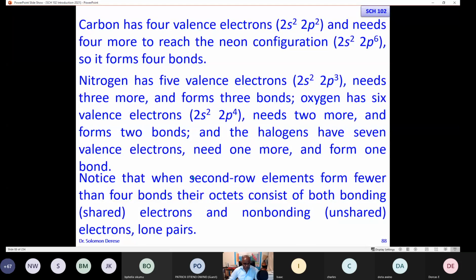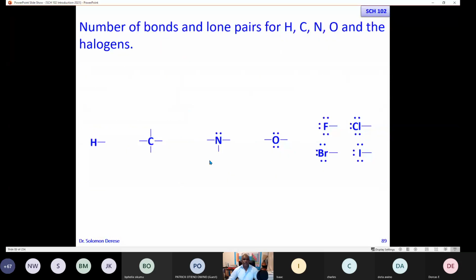Okay, now let's talk about bonding electrons and non-bonding electrons, or lone pairs of electrons, in a short while. So let's look at some of the most important elements in the periodic table that are involved in covalent bonding with carbon.